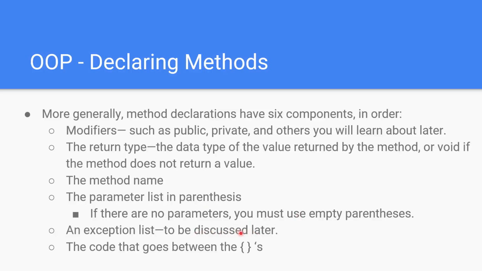Exception list, so we'll talk about this later, but we can anticipate certain errors that can be introduced, and we can actually trap those errors and manage those errors so we can have the application be much more robust as far as the user and as far as the system that it's running on, and we can handle that error. And then also the code block that goes between the curly braces.